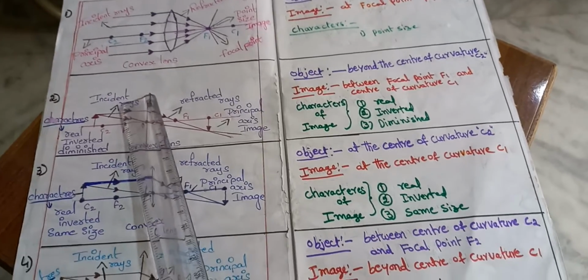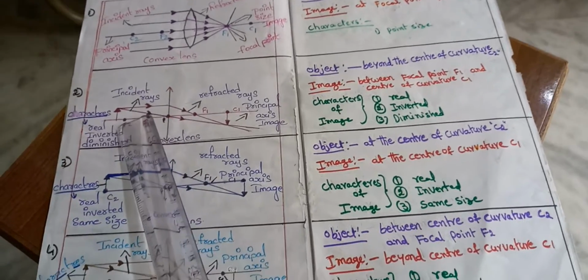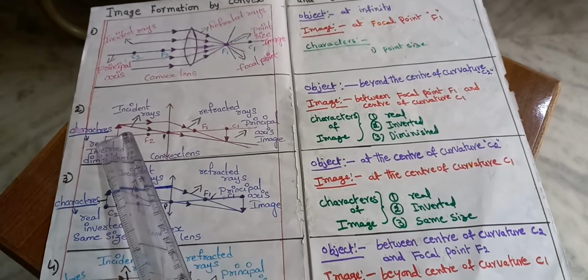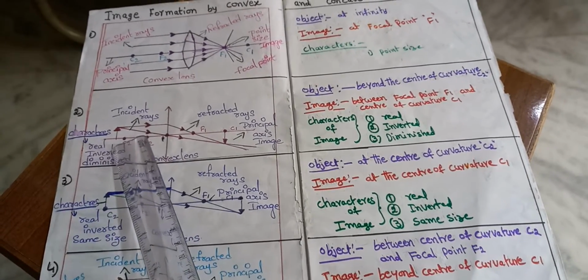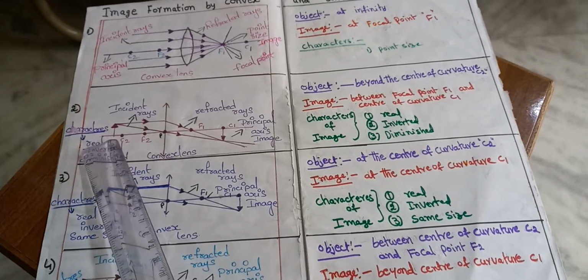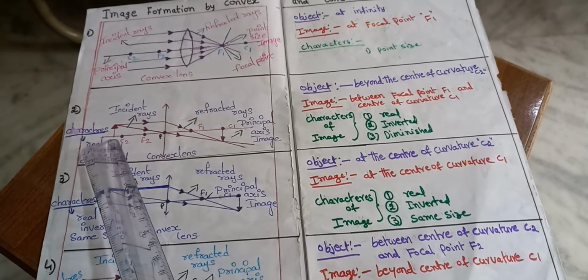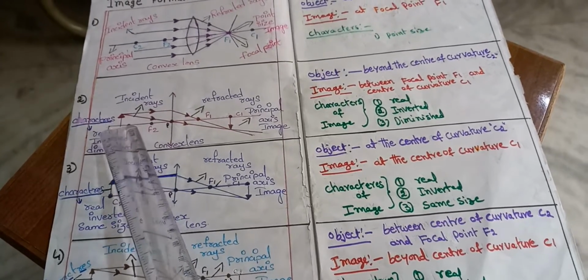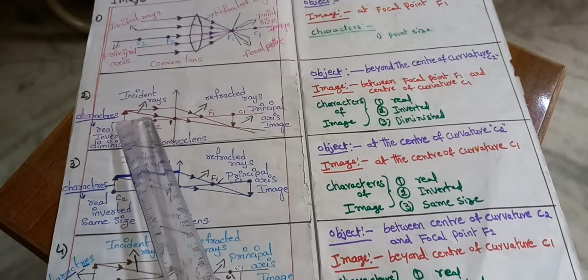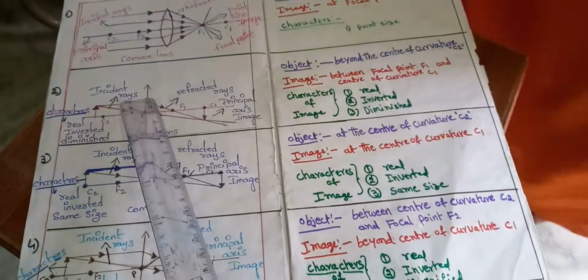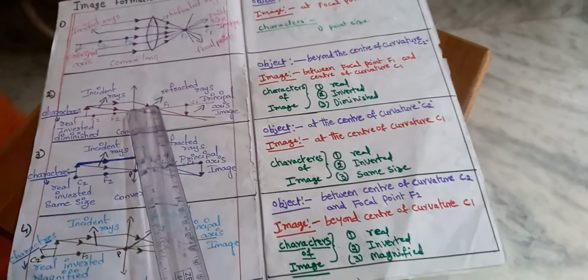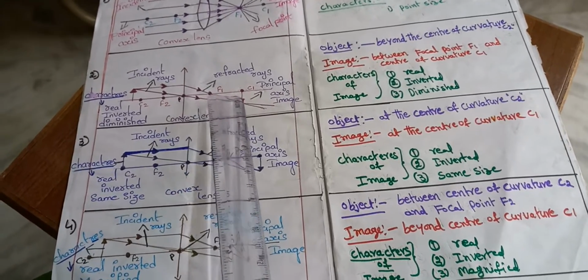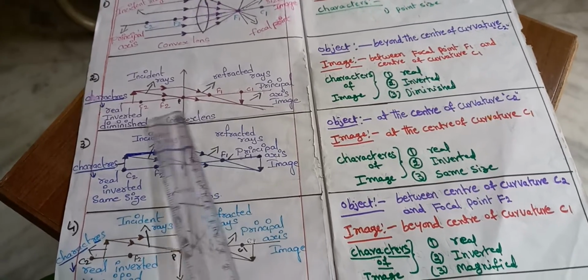And in the second diagram, here we can see the object beyond the center of curvature, beyond the center of curvature C2. Next, the incident rays from the object travel through the convex lens and, after getting refraction, the refracted rays go here.